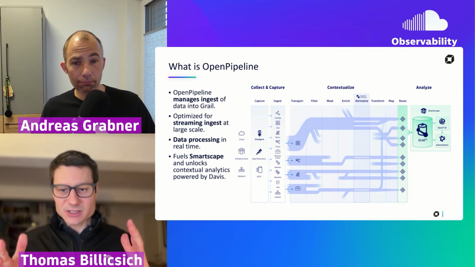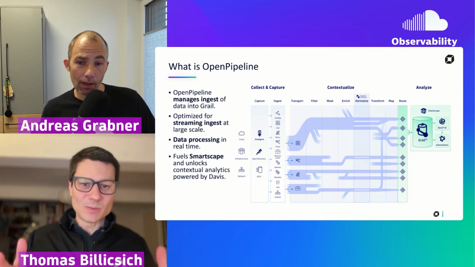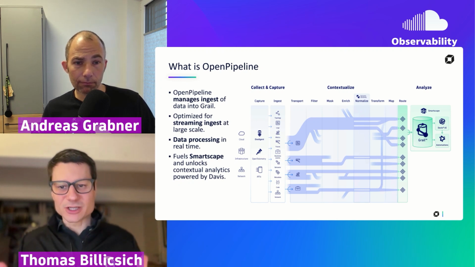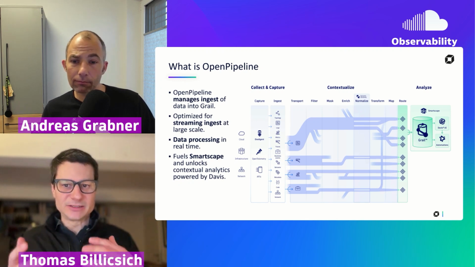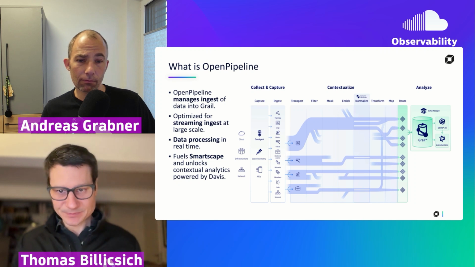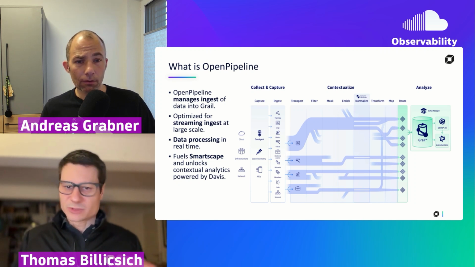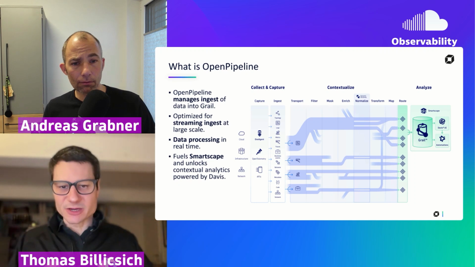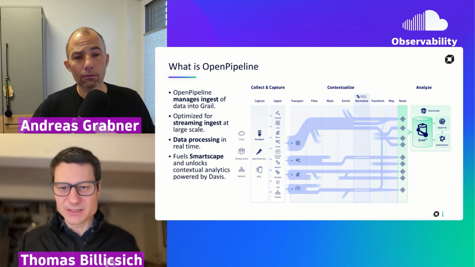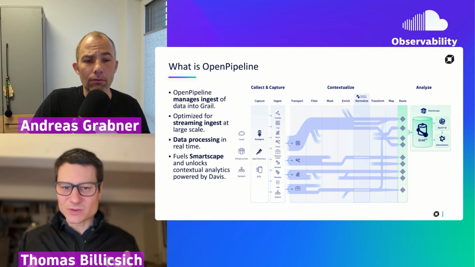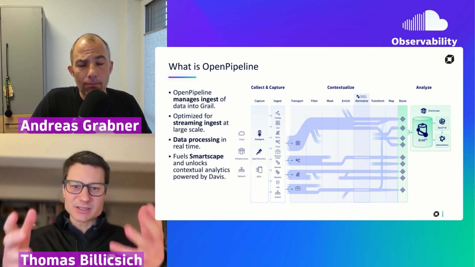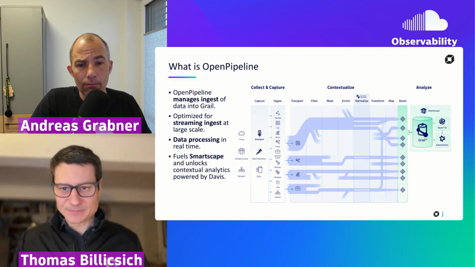And it's the central source for all Dynatrace components when it comes to any functionality that relies on data at ingest time. Cool. So Smartscape, Davis, but also a session aggregation service for digital experience, for example, or the vulnerability service of AppSec. All those services can tap into OpenPipeline, read from the ingest, and work with the ingested data.